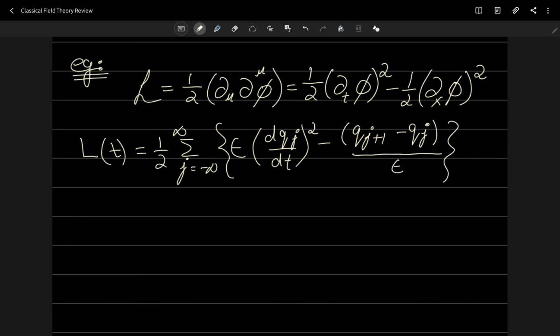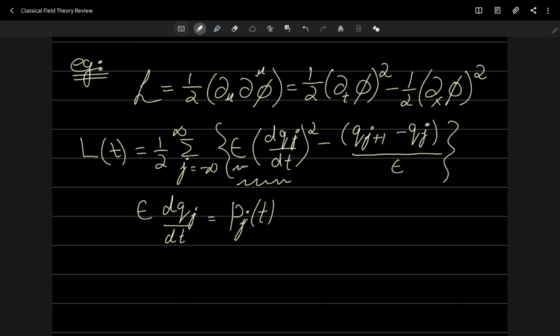So this is what you will get. Now over here, this epsilon is simply your delta x_j. What I mean is, if you remove this square, epsilon times dq_j/dt is simply your conjugate momenta, this thing, right?